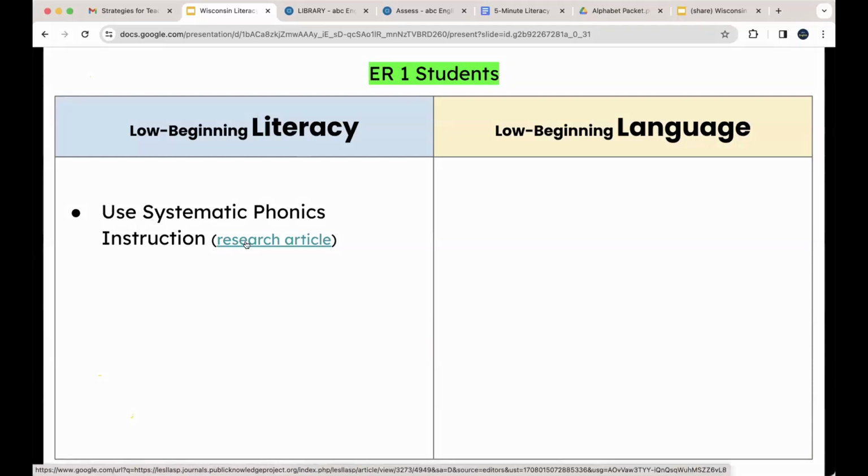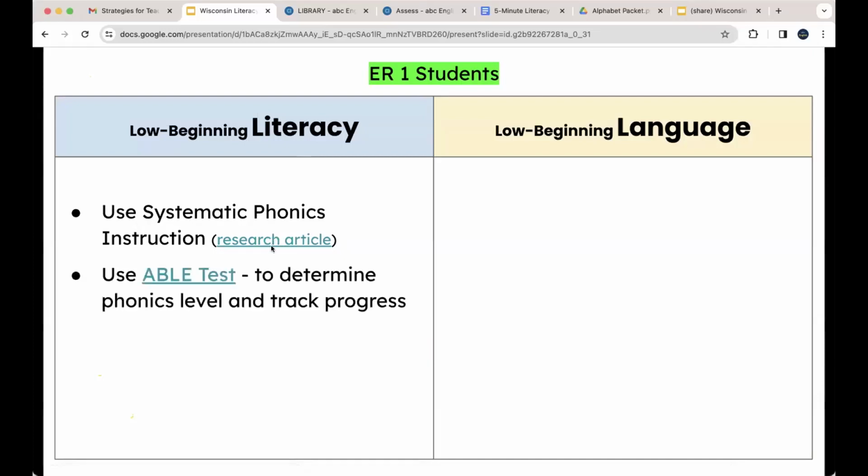That is a gigantic topic I could spend a long time talking about, but in order to move on with our presentation, I'm just going to share with you this research article if you want to learn about systematic phonics instruction and the reasons why that's a research-backed method for teaching literacy skills. You can come to this resource.